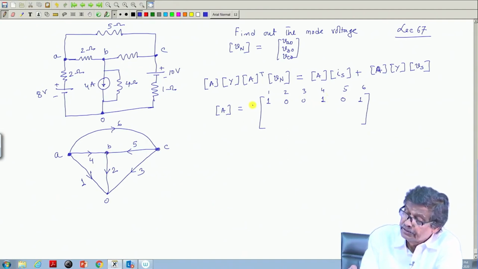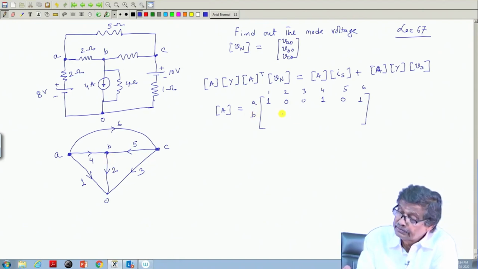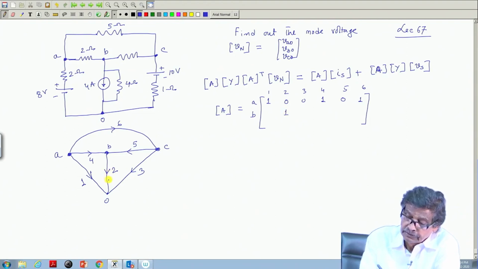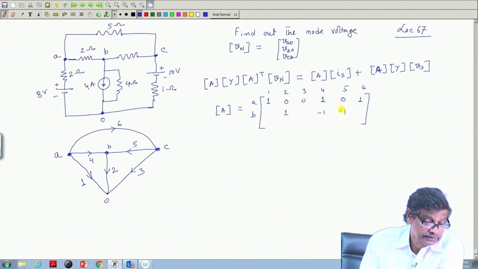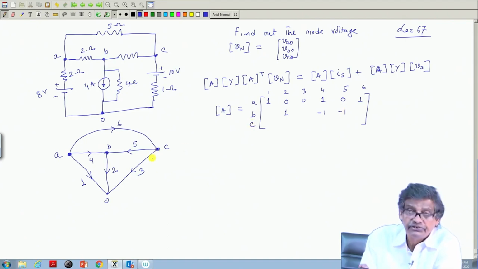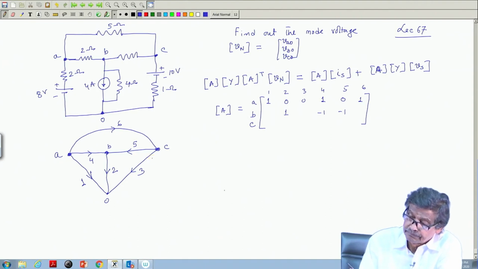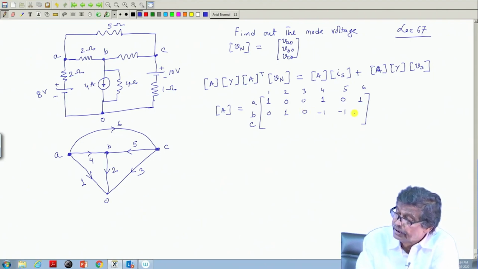Similarly, come to node B. So, this is at node A, at node B you come out. So, 2 is plus coming out from the node and 4 and 5 are involved, but they will be coming in. So, negative. This will be this, and finally, at the node C, it is reduced order incidence matrix A. No point in trying to write down the KCL at node O, it will not give any new equation, you know that, and other entries will be 0 like this.